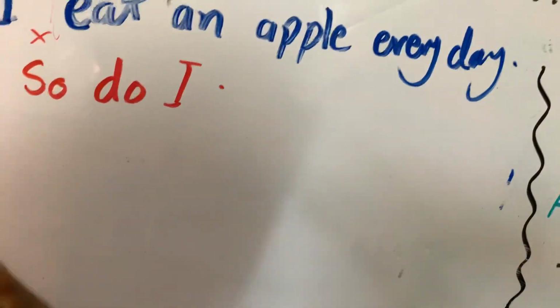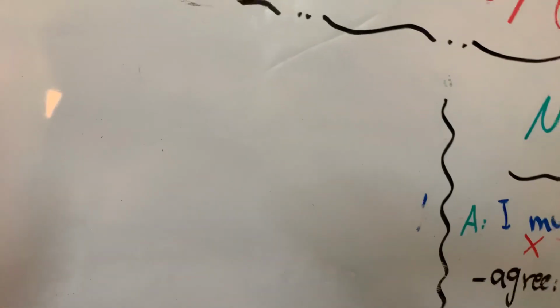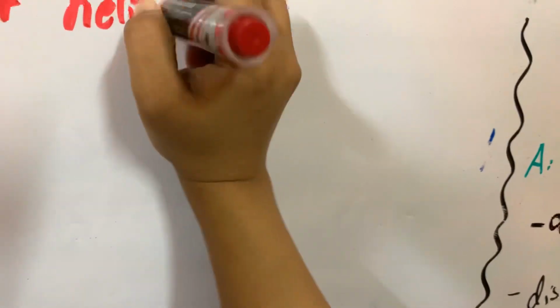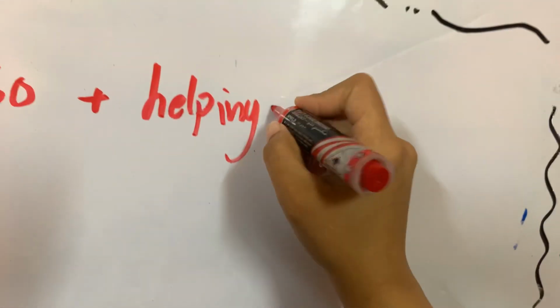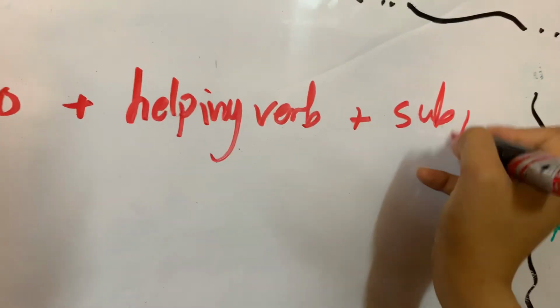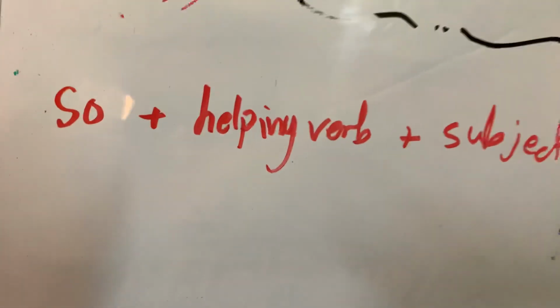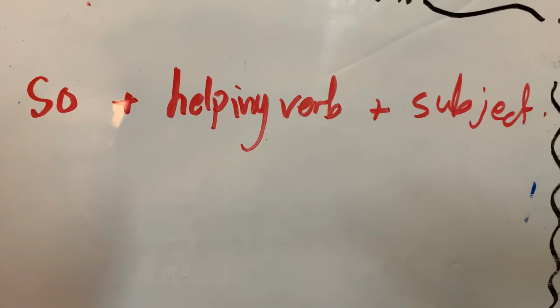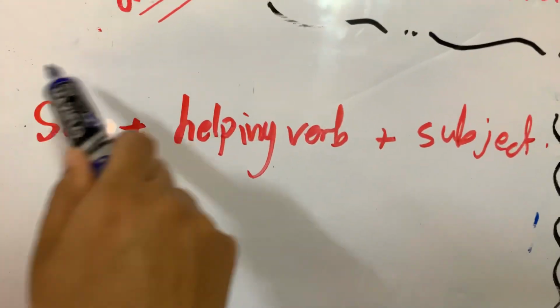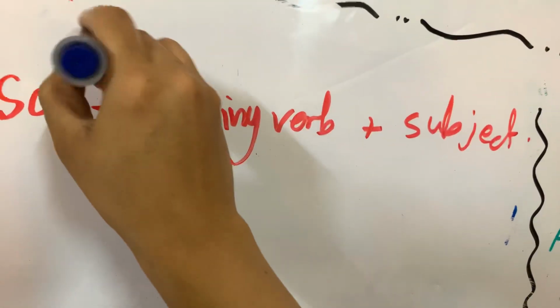Let's write a summary of our grammar today. We will use so plus the helping verb, or the auxiliary verb, plus the subject, if we agree with any person and the sentence is affirmative.